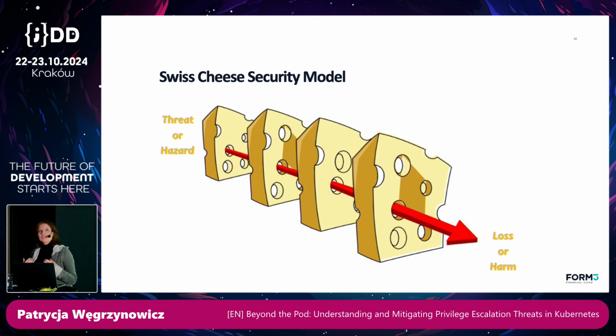Instead, we need to make it very hard for bad guys to exploit or attack our clusters, and make the life of good guys, ourselves, easier to detect those attack attempts very early on.